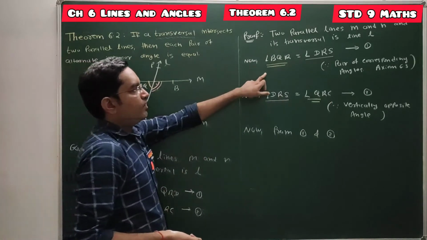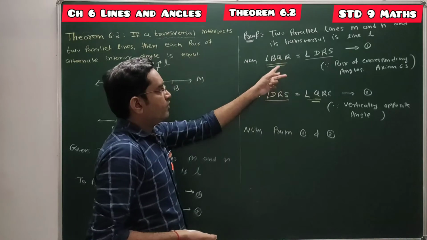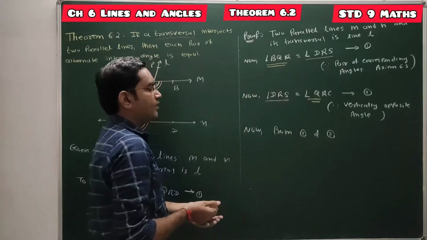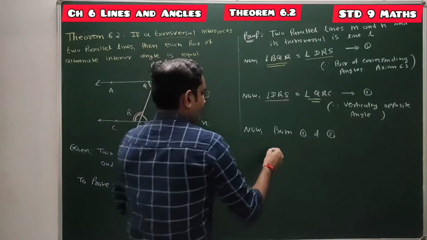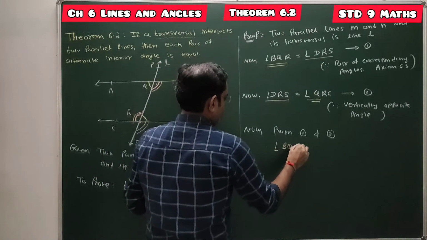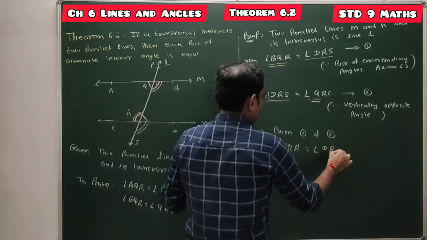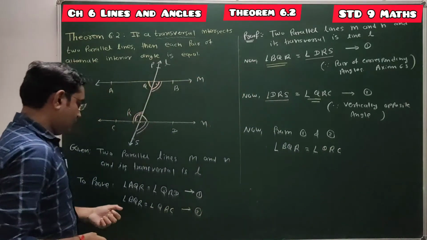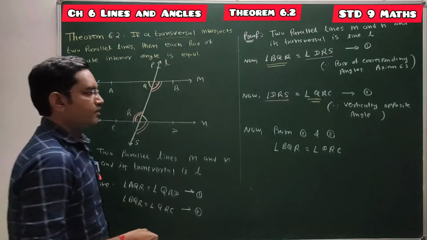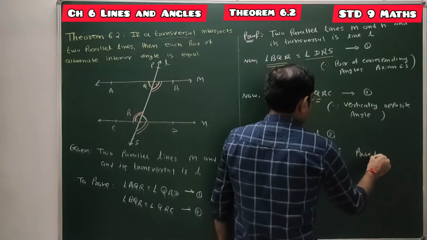BQR equals DRS and DRS equals QRC. In short, we can write that BQR is equal to QRC, and therefore we get the result: angle BQR is equal to angle QRC. So this is our result, hence proved.